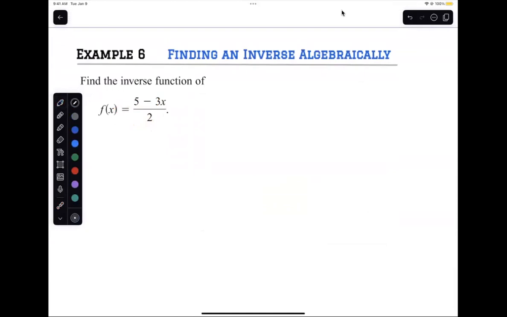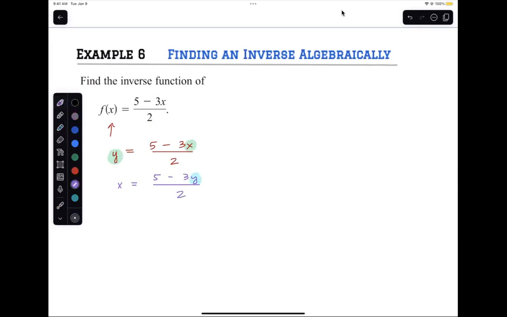The first thing you're going to do is replace f of x with y, so y is equal to 5 minus 3x over 2. Second step is to switch x and y. So x is equal to 5 minus 3y over 2. And now the goal is to solve for y.